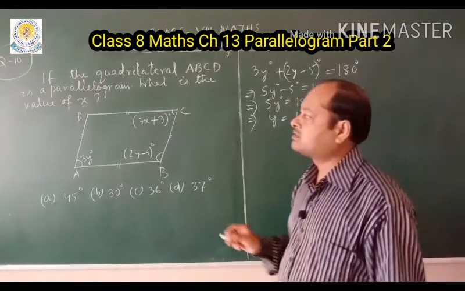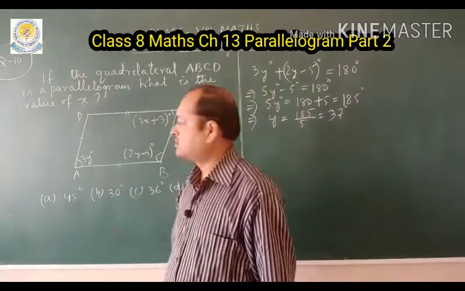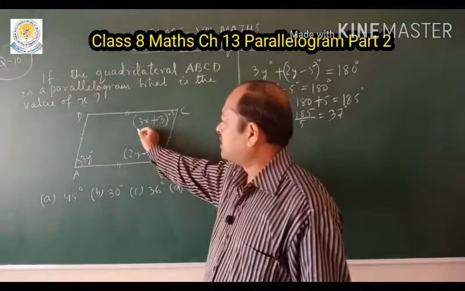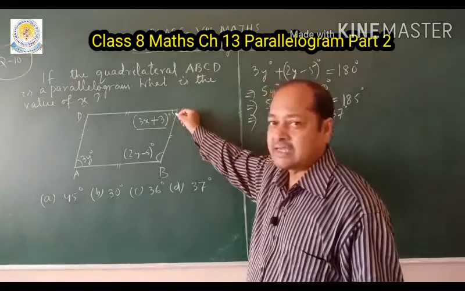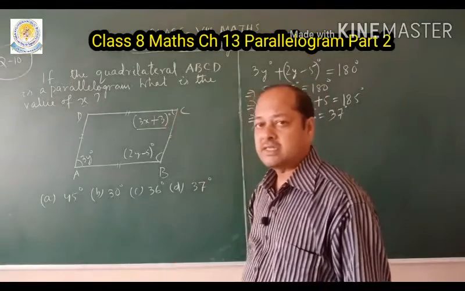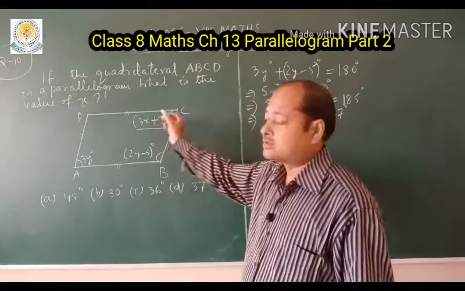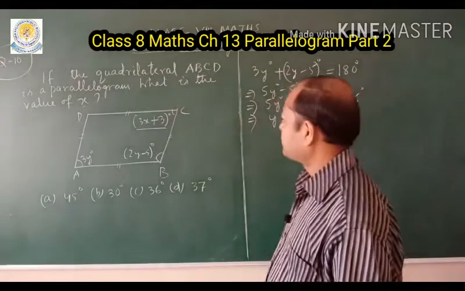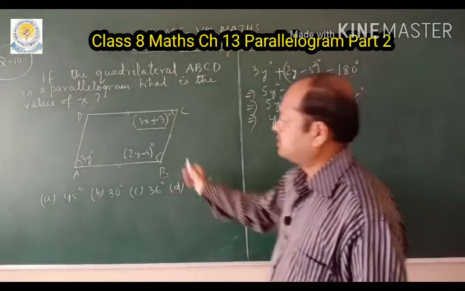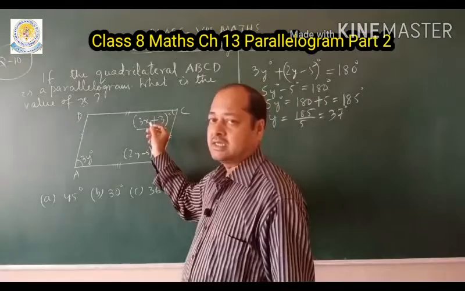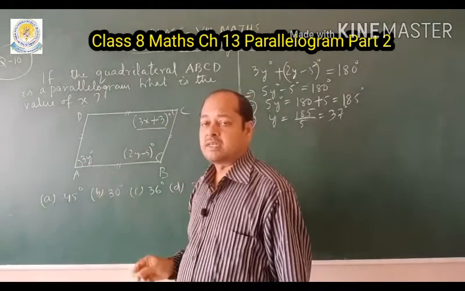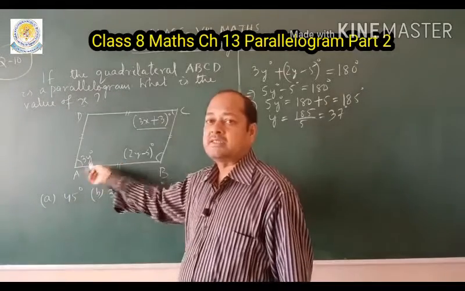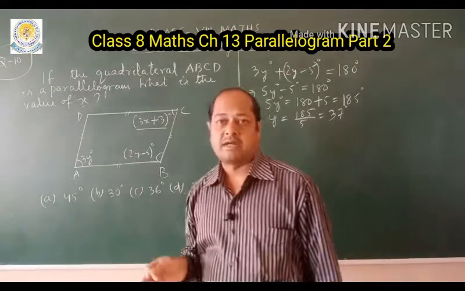But in this question you have to find out x. x is present in angle C, that is 3x plus 3. So by putting the value here, because 3x plus 3 and 3y are both equal. What is the property? The property is that opposite angles of a parallelogram are equal.